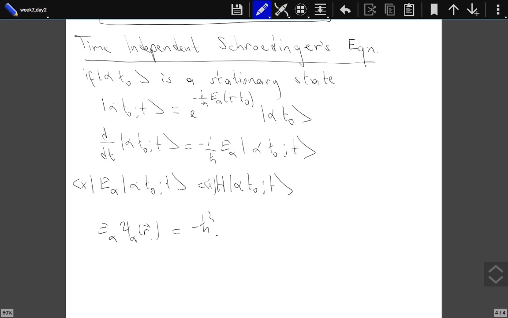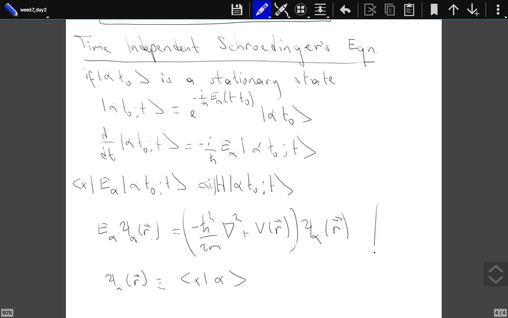This is equal to minus h bar squared over 2m Laplacian plus V of r acting on psi_alpha of r. Where now psi_alpha of r we define as the wave function corresponding to this state alpha. And this is called the time-independent Schrödinger equation.